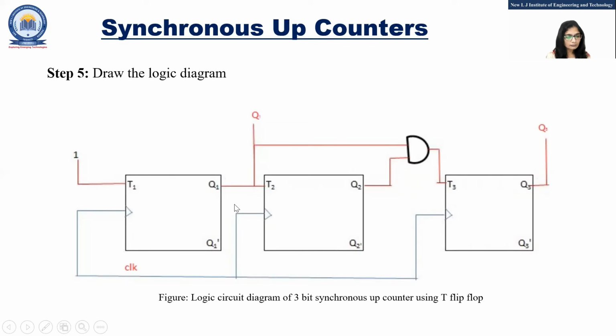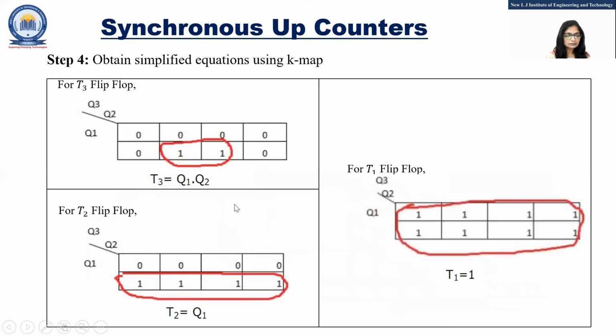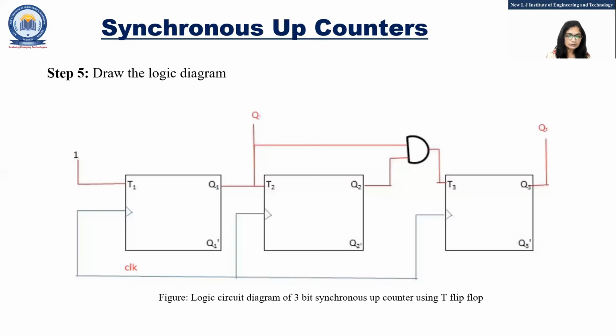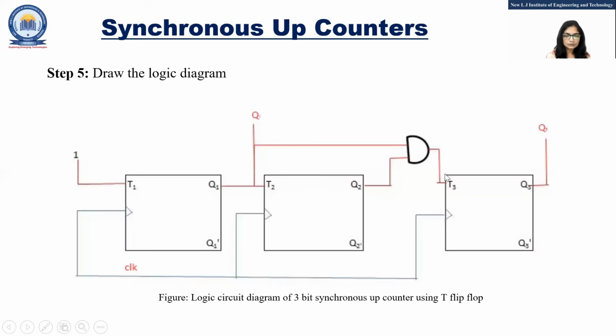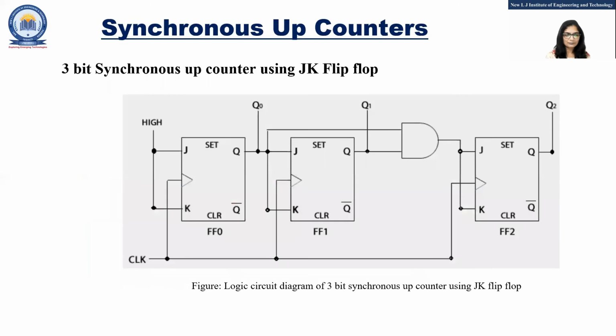Then T2 is equal to Q1, so this Q1 I am applying to T2. Then T3 is Q1 Q2, which is an AND operation: Q1 dot Q2 is given to T3. So this is the 3-bit synchronous up counter using T flip-flop.